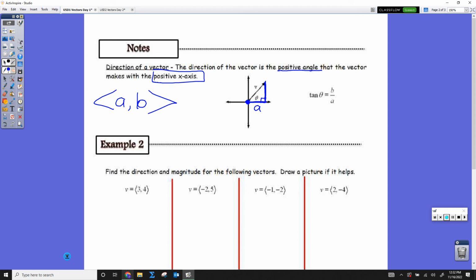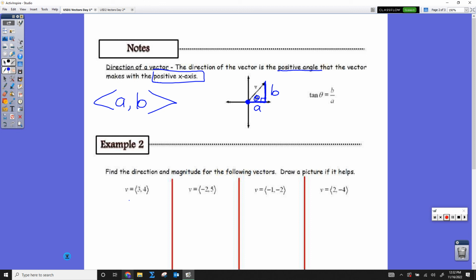A. Which one's the vertical movement? B. So this is the same stuff we've always been doing. So how do they get this little equation, tangent theta equals B over A? Opposite over adjacent. And this theta sitting right there is the directional angle, the angle our vector creates with the positive x-axis.